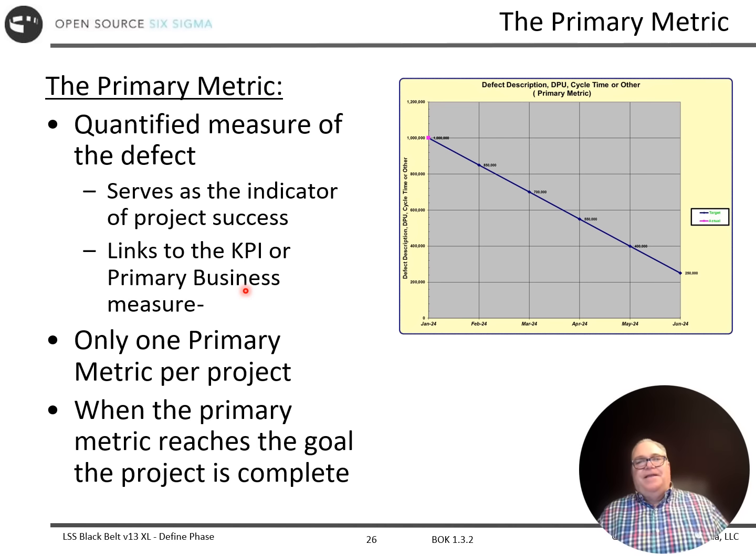And in reality, until we implement some type of a change in the process, we should not expect the output to change. So it's not going to just magically happen because we're doing the next phase in the project. It will be in the improve phase where we start to execute some process changes before we might see the metric actually move in the desired direction.